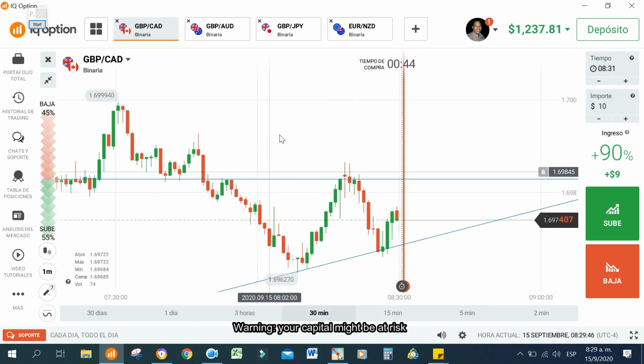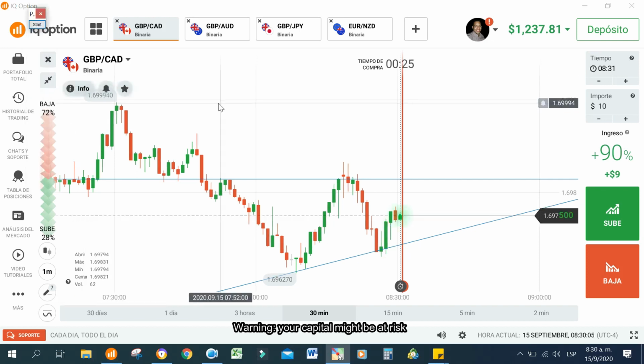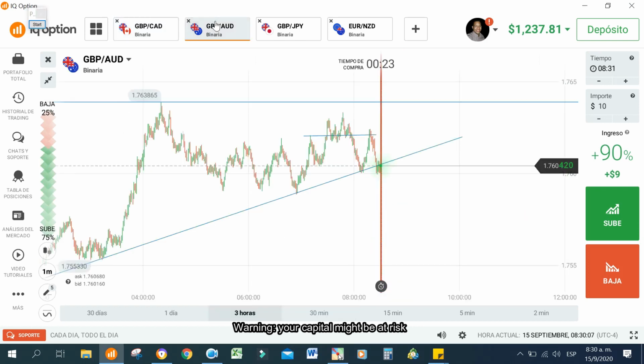Okay guys, I had an entry here. Before the video I made an entry here with this pattern because this was a candlestick pattern, very accurate, and a support level. Let's make some entry on these pairs.